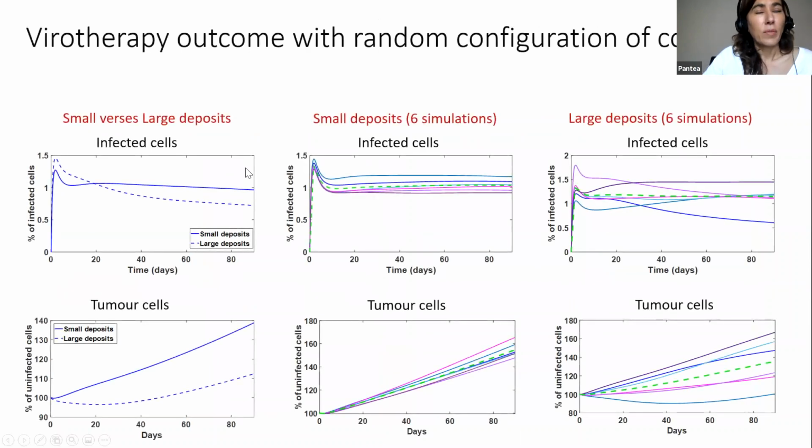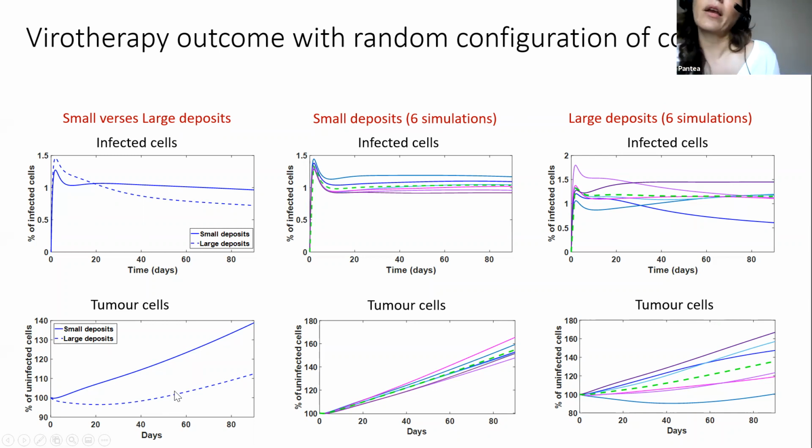So I should mention that in all those cases, you have the same amount of collagen. It's just that it's distributed differently. So if you have small deposits versus large deposits, so this is for the two that we just looked at here, the infected cells are roughly around the same amount in the 90 days. And then the percentage of the tumor cells, this one looks like it's growing a little bit faster with the small deposits rather than large deposits.